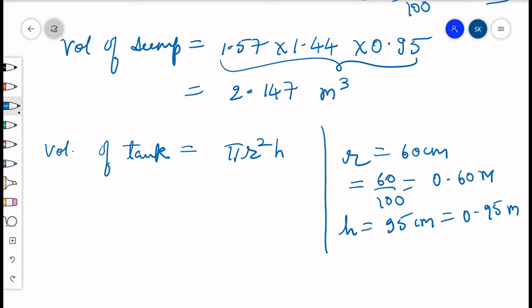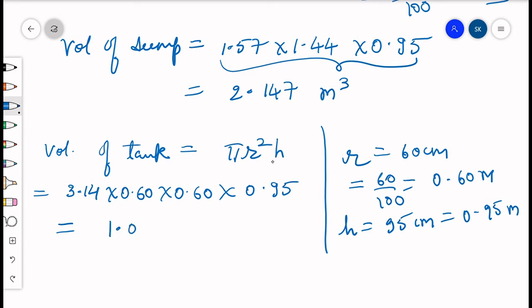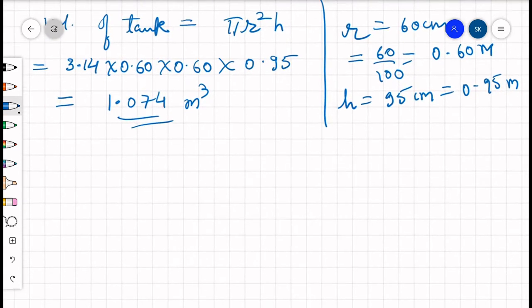So let's put the values here. It is 3.14 into 0.60 into 0.60 into 0.95. You need to solve this quickly. You'll get the answer 1.074. It is volume, so meter cube. Okay, now what is the next step?